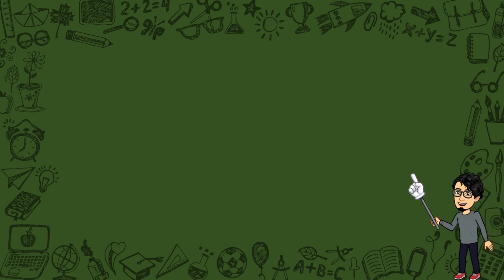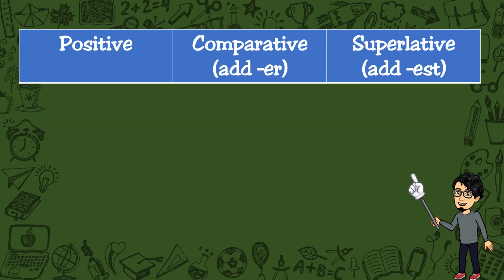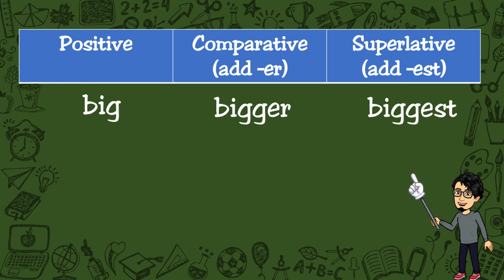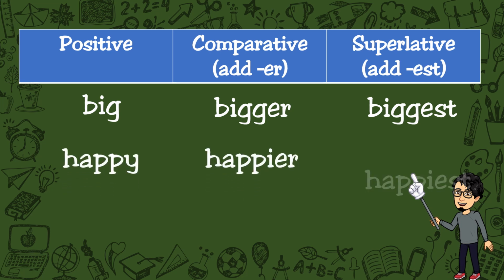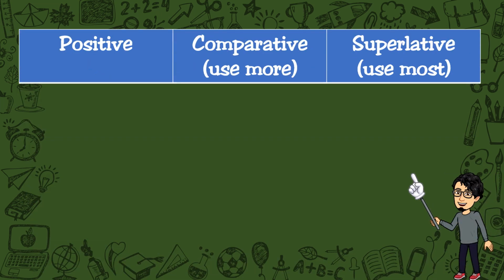Let us look at these examples. Positive form is big. Comparative, we add er, so we form bigger. Superlative, we add est, so we form biggest. Another example. Happy, happier, happiest. Beautiful.